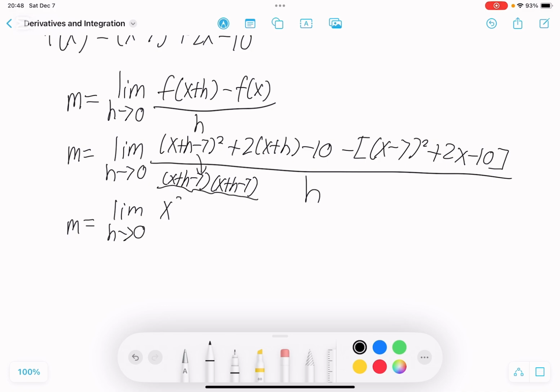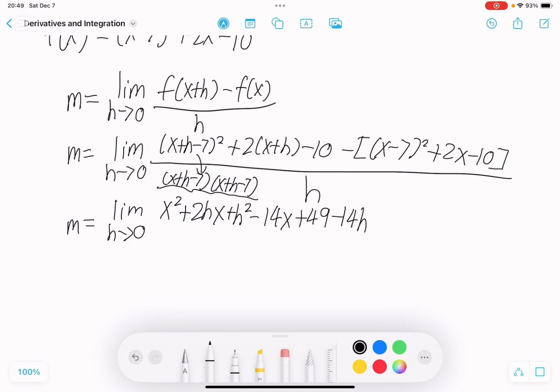So if we multiply everything out, we have x squared plus hx minus 7x, plus 2hx, plus h squared, minus 14x plus 49 minus 14h, and that's about it.